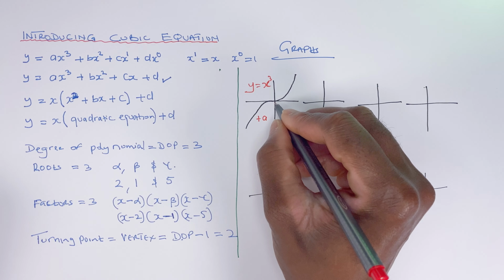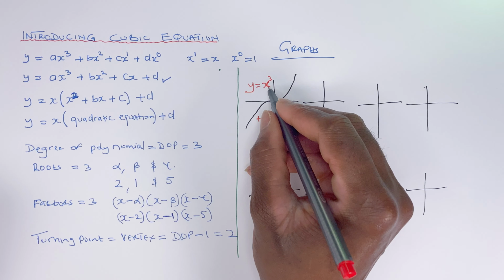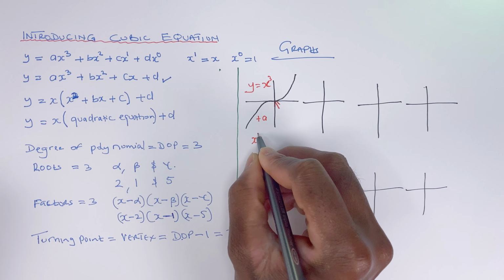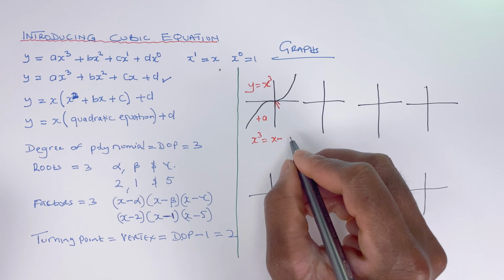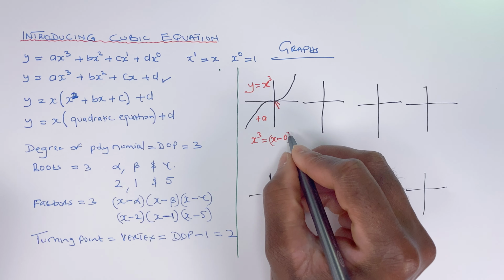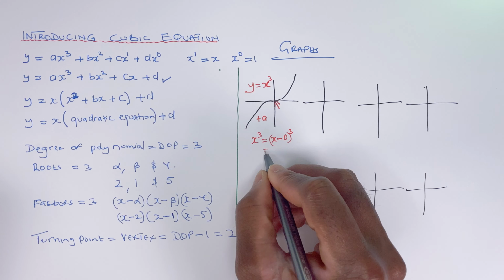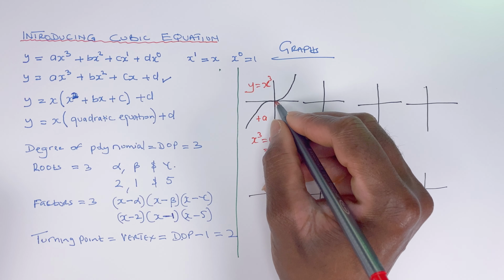I know this graph is written as x cubed, but you can also write it as x minus 0 cubed, which means it will have 3 roots at 0.